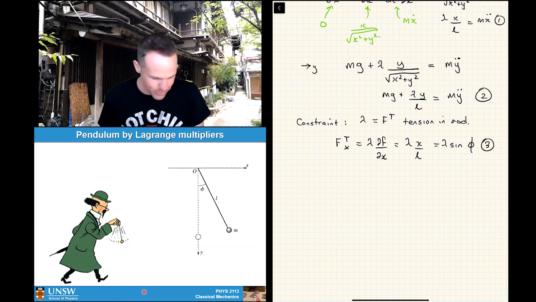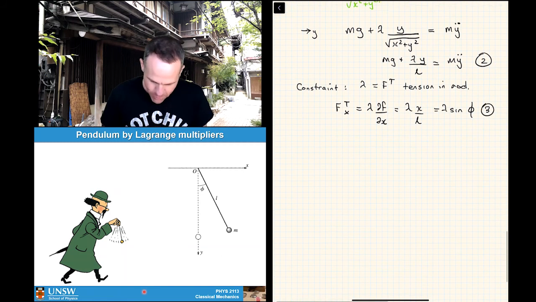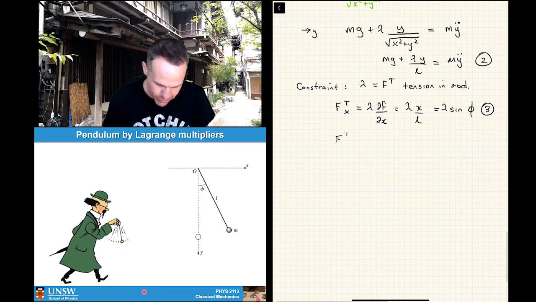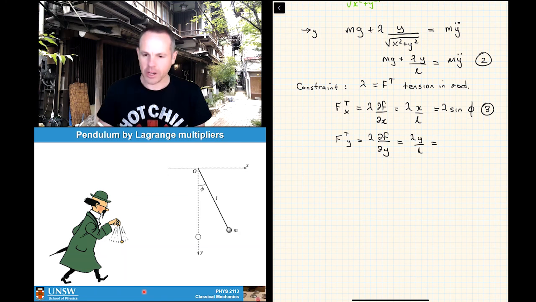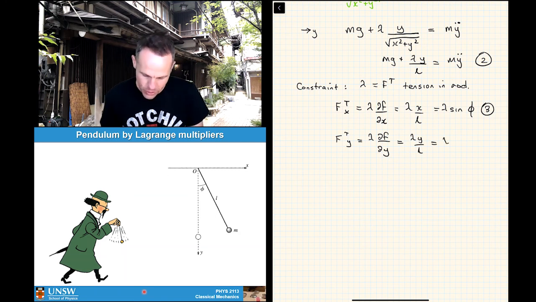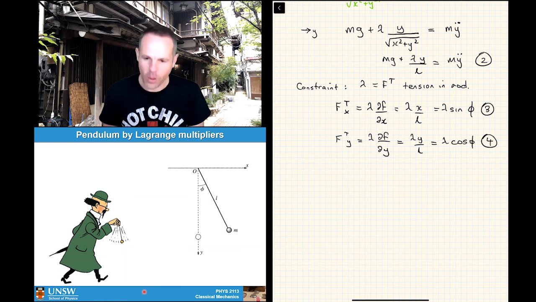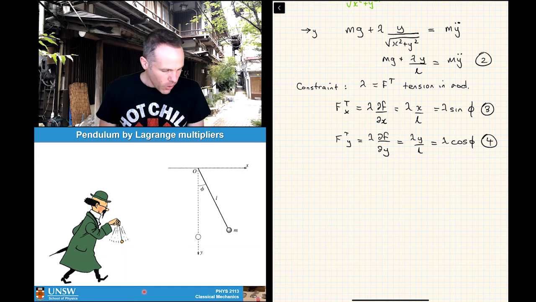So this is number 3. And then for y, we can do the same thing, right? F_T of y is equal to lambda df/dy, which is equal to lambda y on L. And of course, it's going to be the other component in the triangle, so it's going to be cos phi in here. We can call this 4, okay? All right.